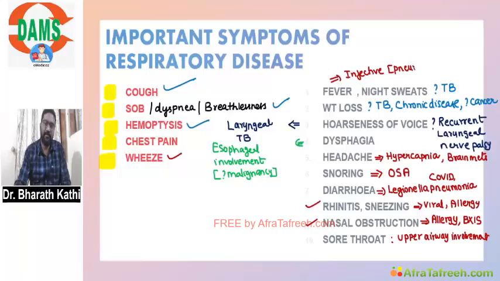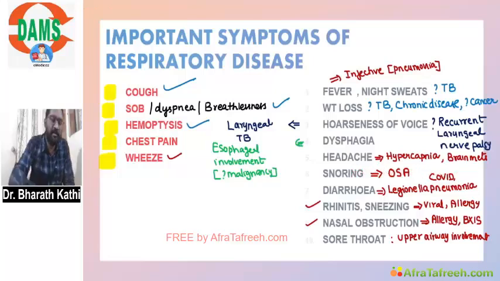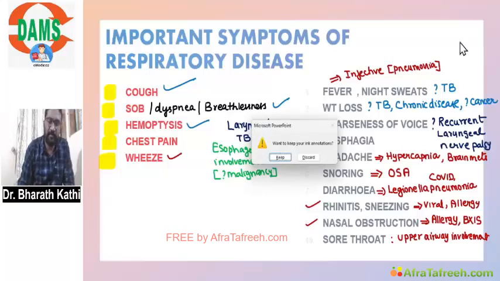Fever with night sweats, high grade fever pneumonia, low grade fever generally tuberculosis, weight loss, hoarseness of voice, any dysphagia, any headache, any snoring, any diarrhea, any rhinitis, any sneezing, any nasal obstruction, any sore throat. So this is the important symptomatology.